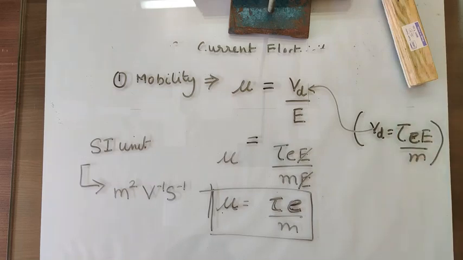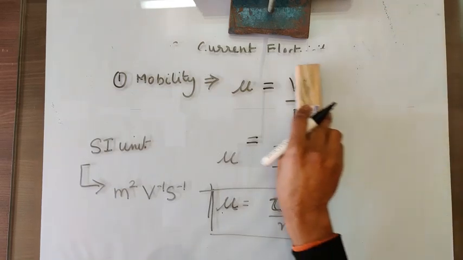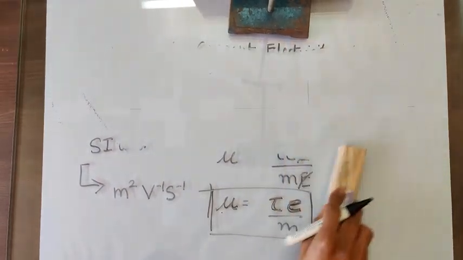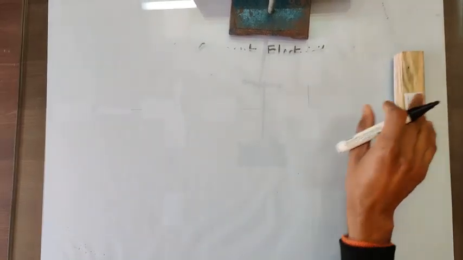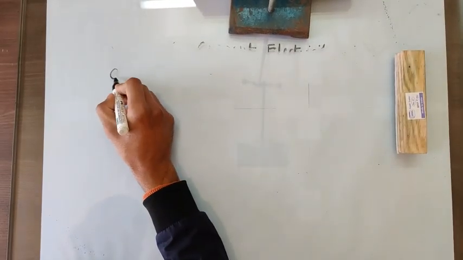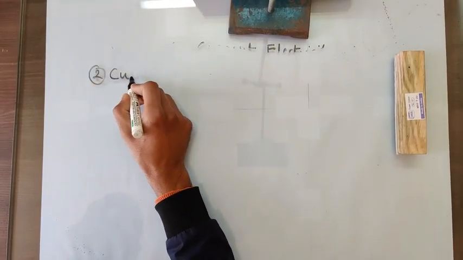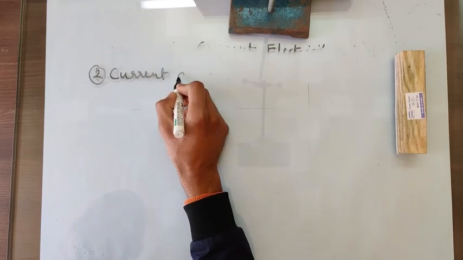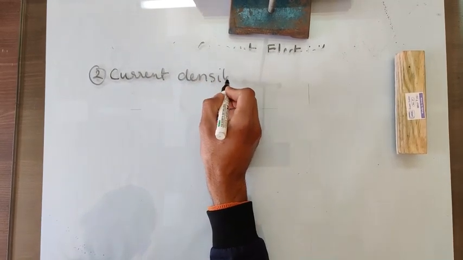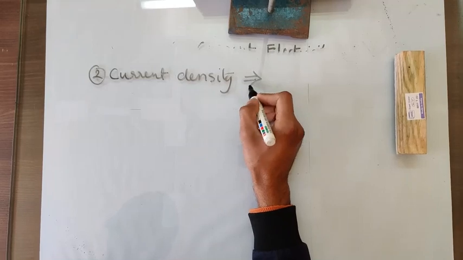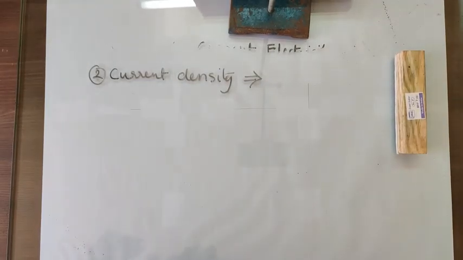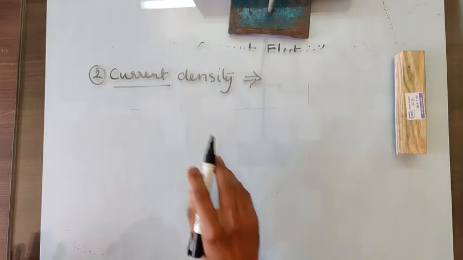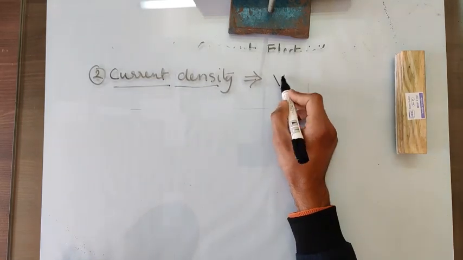Next, current density. So always remember, current is a scalar quantity, but current density is a vector.